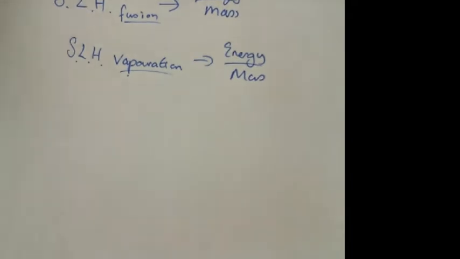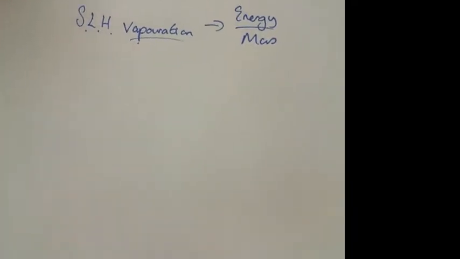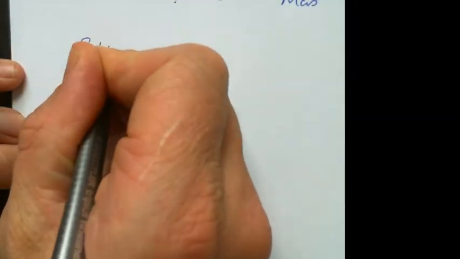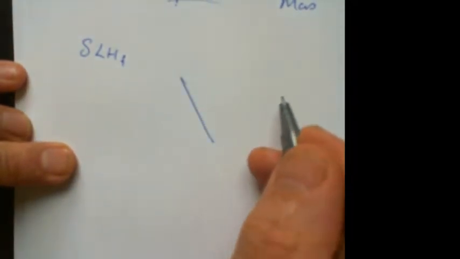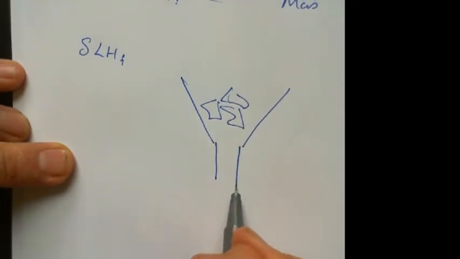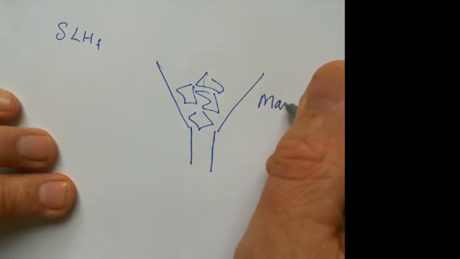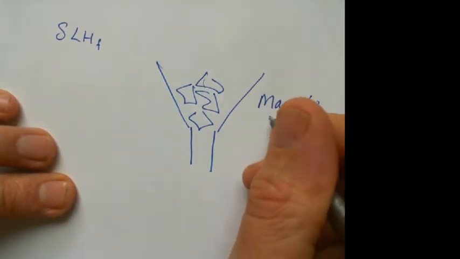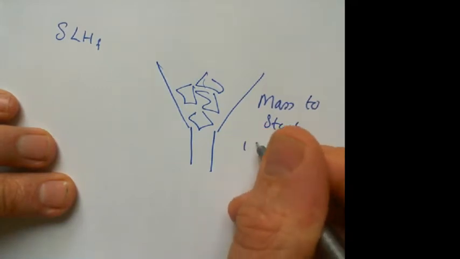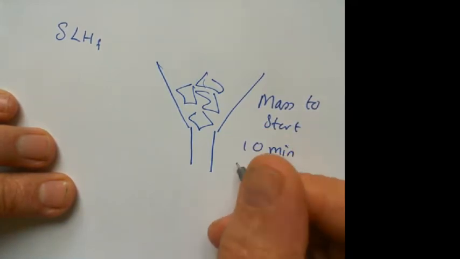Okay, and the other thing that we need to know is how to measure these two things. So let's talk about how to measure the latent heat of fusion first. If I've got some ice in a funnel and I measure the mass of the ice to start with, then I give it 10 minutes and I measure the new mass.